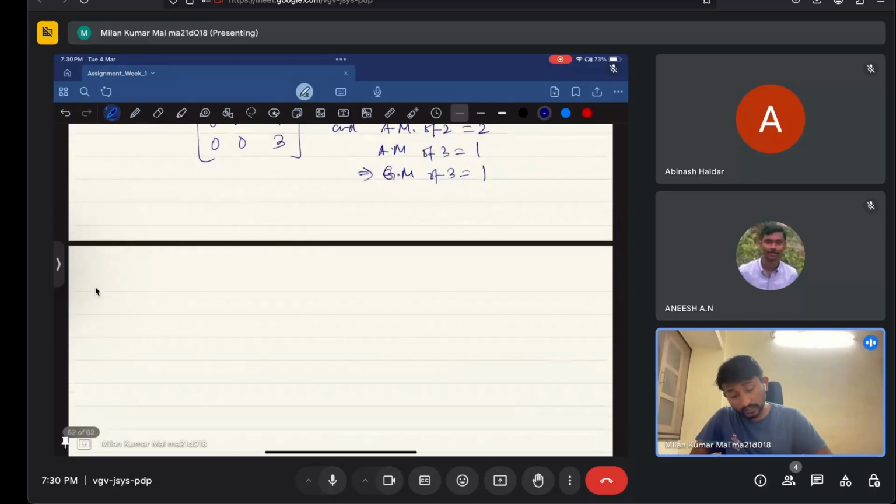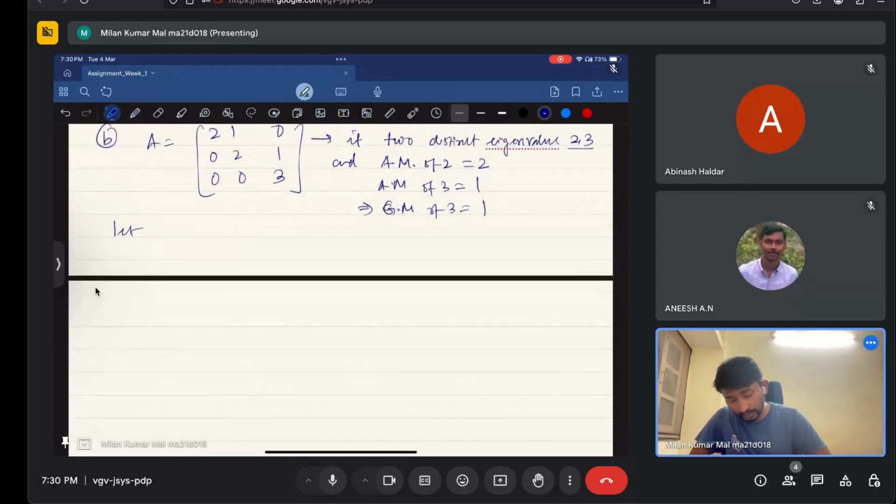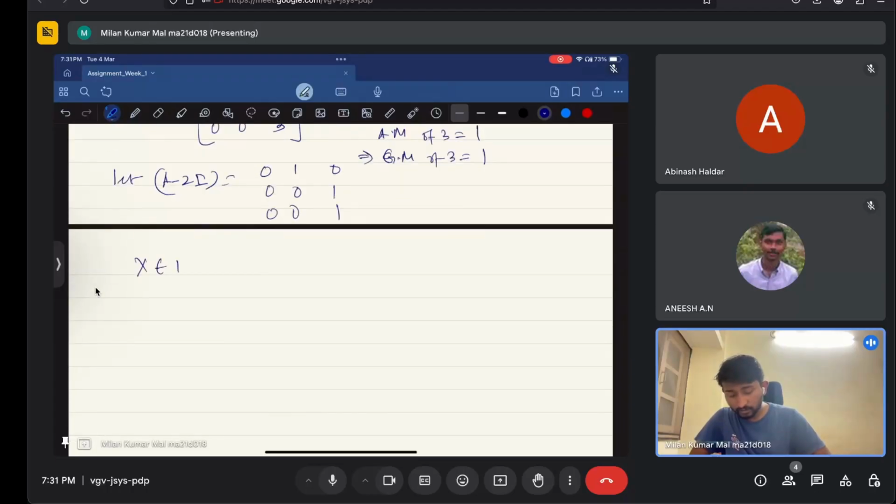So let's consider A minus 2I, which will be [[0,1,0],[0,0,1],[0,0,1]]. Then let x belong to R3 such that (A minus 2I)x equals 0, where lambda is 2 here.